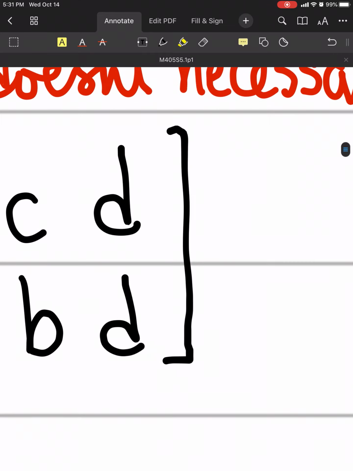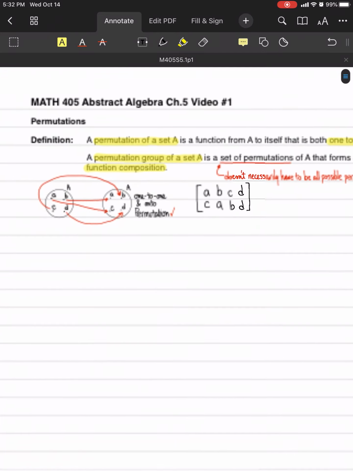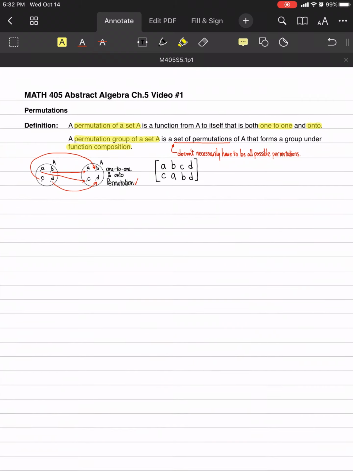All right, and let's fix this up a little bit. There we go. Okay, so in other words, you can think of this as a permutation. This is a reordering of what we have, from ABCD to CABD. So that's how it relates to what we're used to thinking of as a permutation.